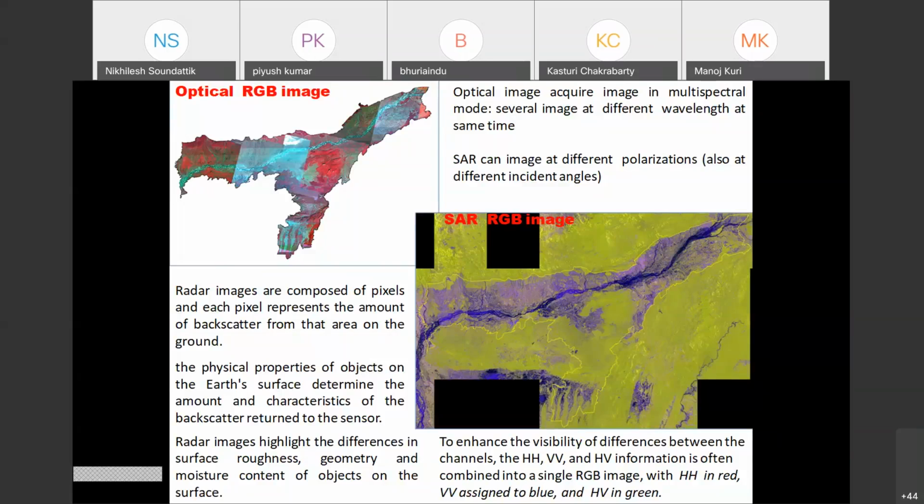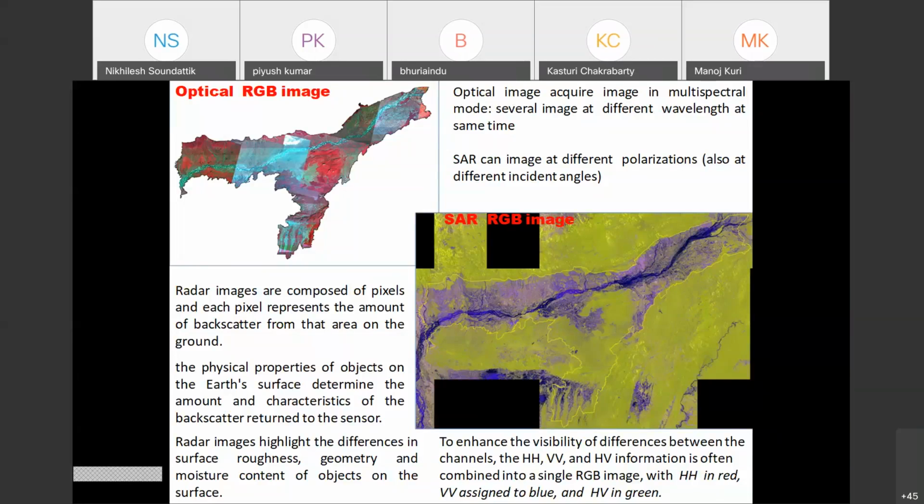Here we have made the composite using NIR band, red band, and green band. In the SAR RGB image, we make the mosaic using various polarizations like HH, HV, or VH, and so on. This is one example from Assam, where the RGB images are made.